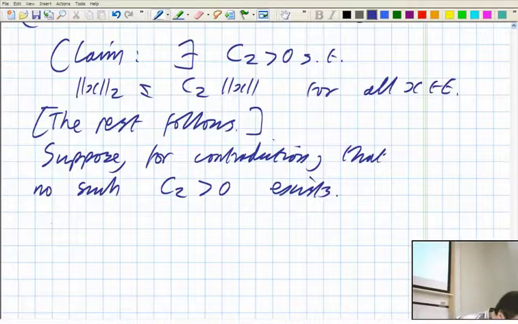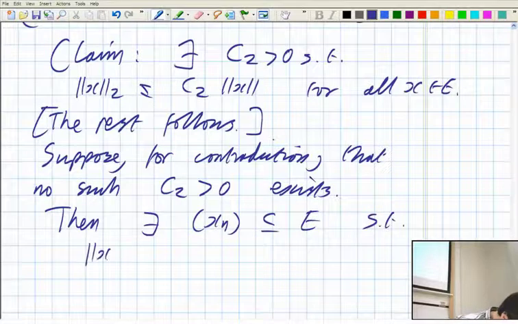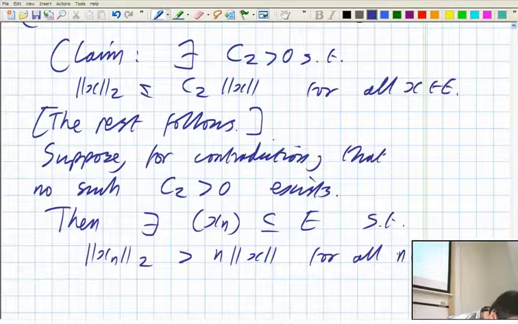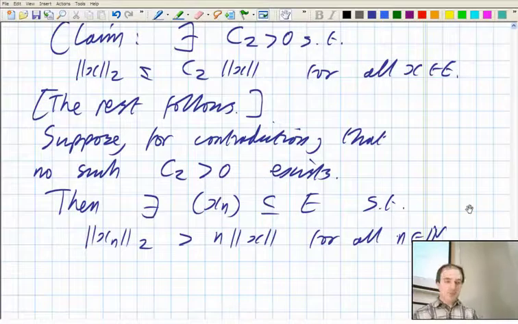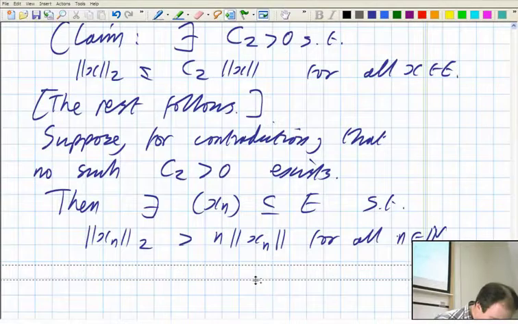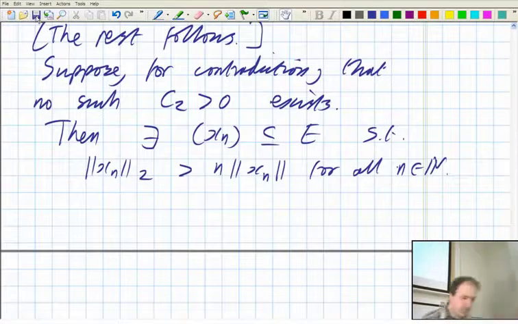So we can choose a sequence xn contained in E such that norm xn2 is greater than n norm xn for all n in the natural numbers. n norm xn, exactly. Thank you. Why shouldn't that happen?